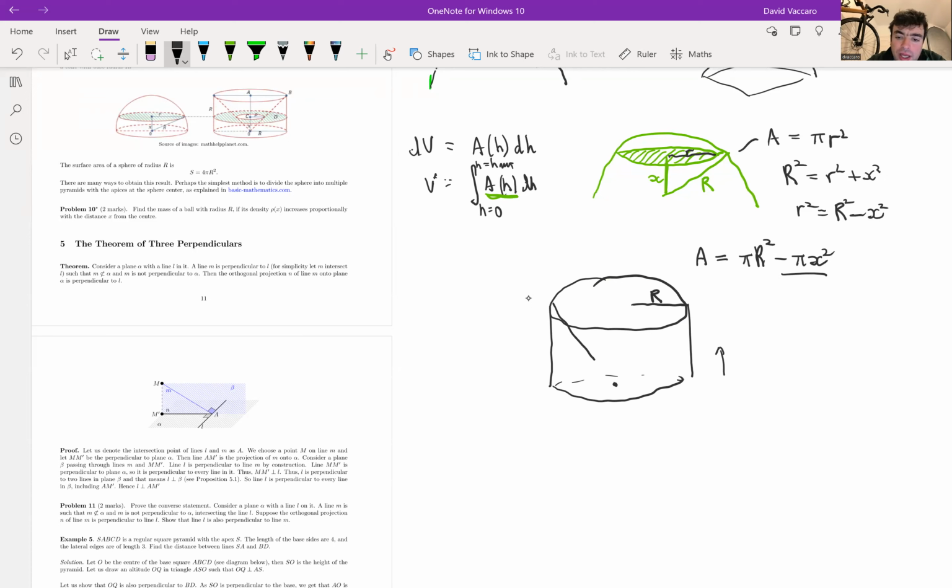One way to do that is just to have a cone where the radius of the cone is equal to the height.